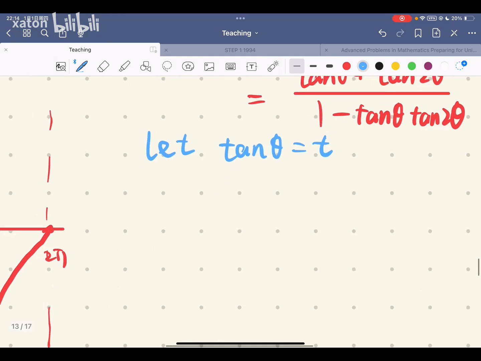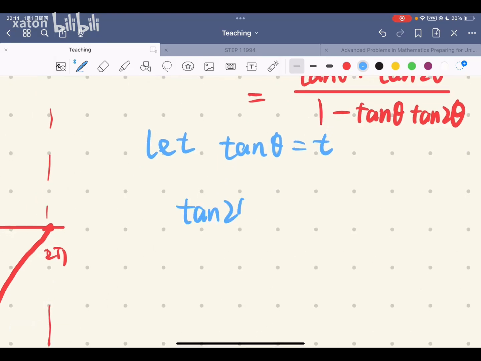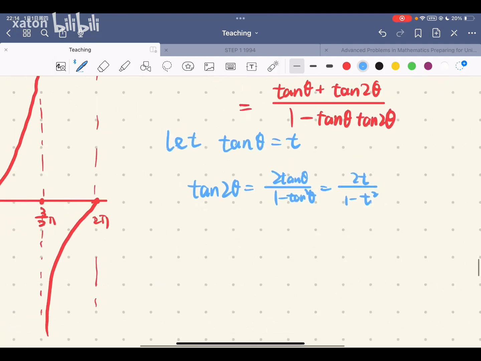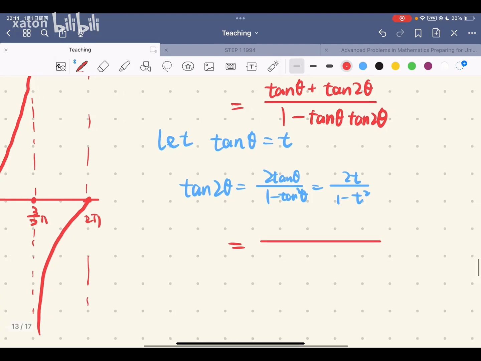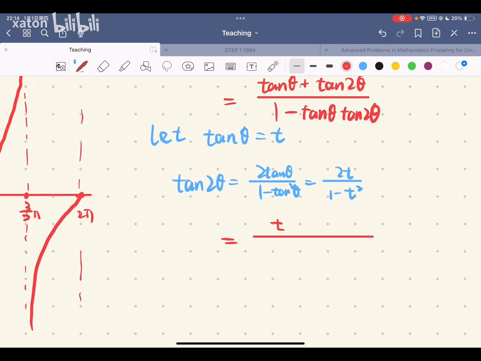Therefore tangent 2 theta will be 2t over 1 minus t squared. So let's keep our writing for tangent 3 theta. Sorry, I don't write it so beautifully. So it's t plus 2t over 1 minus t squared, over 1 minus t times 2t over 1 minus t squared.